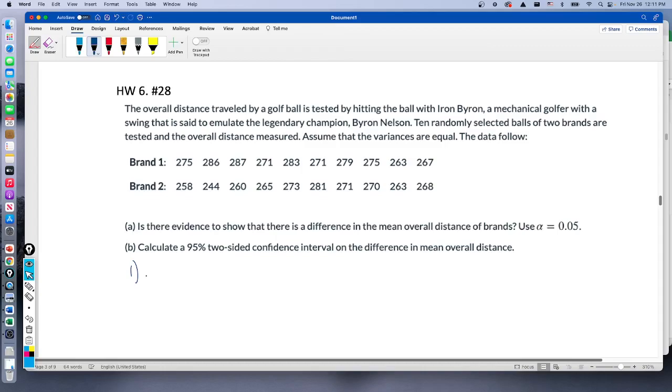So we would say, and that's our populations, that mu1 minus mu2 is equal to some delta, which we're going to say 0, that there is no difference. So our first hypothesis is that the difference is 0, or if you want, mu1 equals mu2. The means are the same. So the alternative hypothesis, the other one, is that they are not equal.